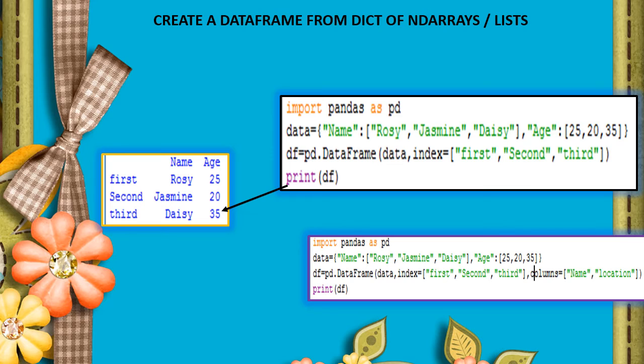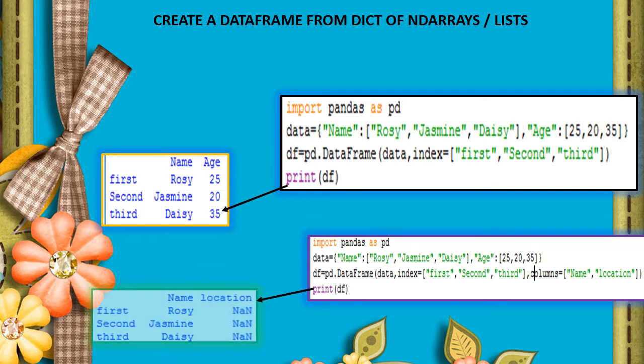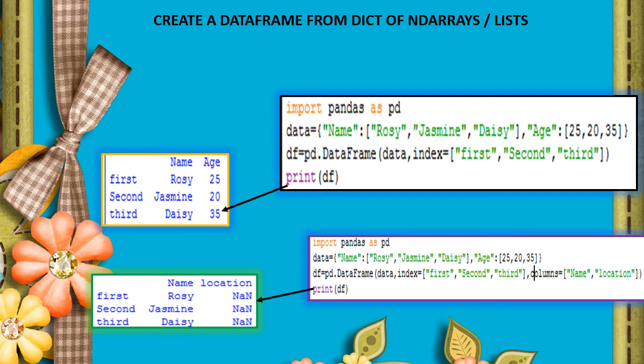And the age column 25, 20, 30 is given, and then the row index is given as first, second, and third. So a list of values is given for both name and age keys, and it's printed like that.